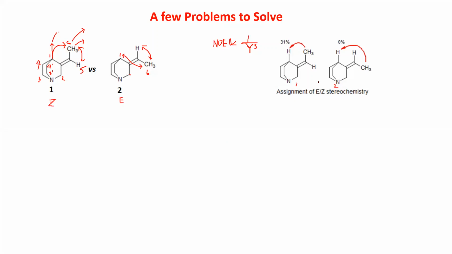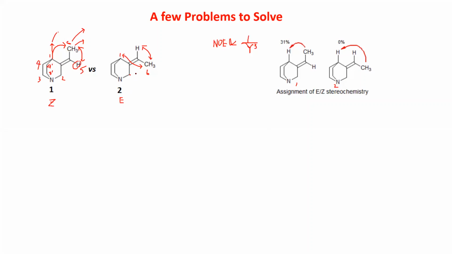So this is one option. Another option is you can consider proton 1 and proton 5 too. If you look, this is 5. In compound 1, that 5 proton is away, right? And in compound 2, the 5 proton is closer.